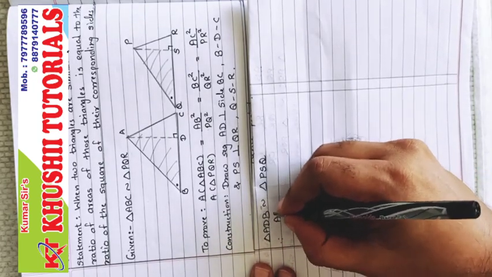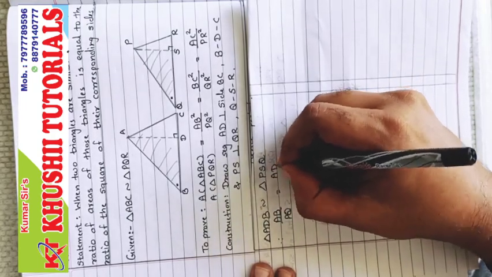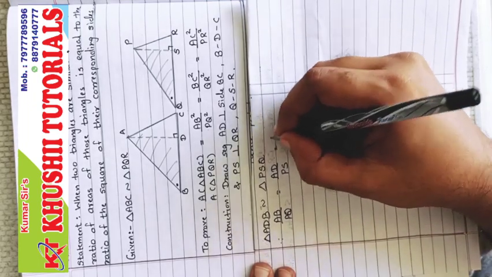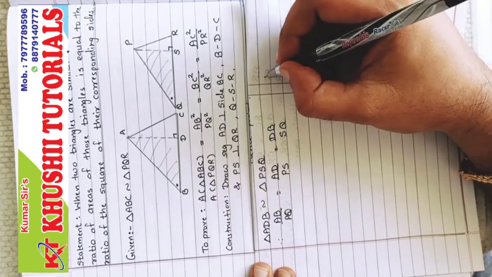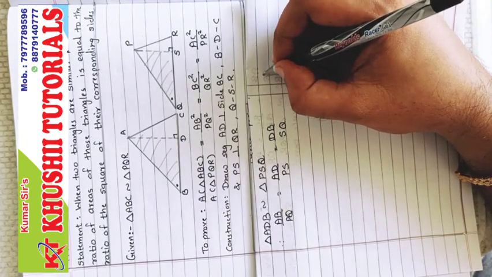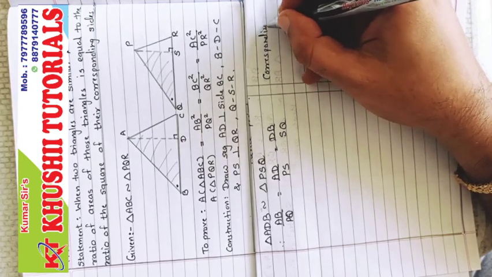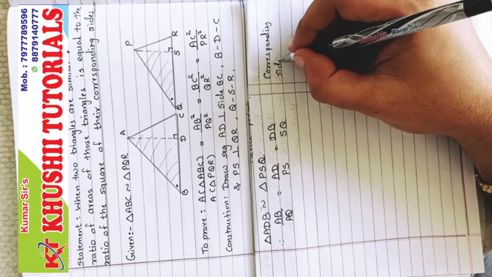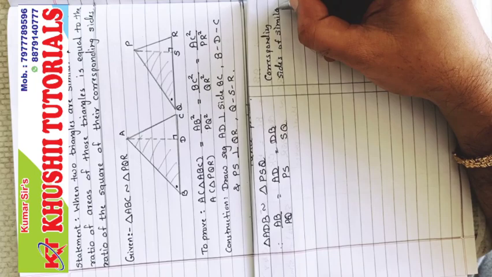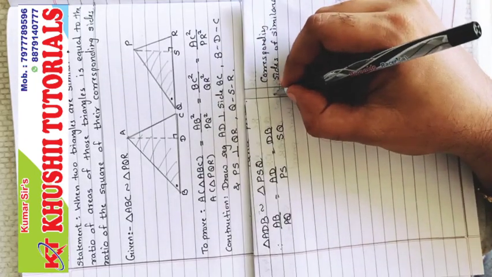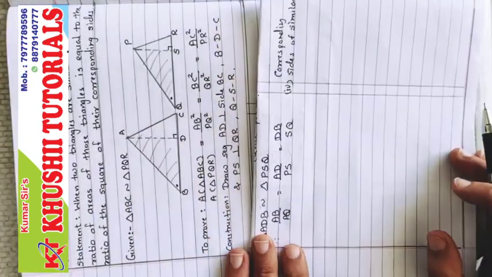Therefore AB upon PQ equal to AD upon PS equal to DB upon SQ. Reason: CSST, that is corresponding sides of similar triangles. We will mark it as 4, because already we have marked 1, 2 and 3, so this will be the 4th.